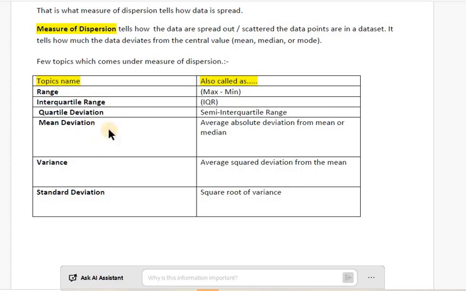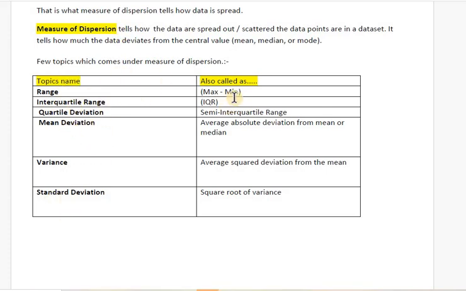Range is also called max minus min, interquartile range in short we call IQR, quartile deviation is the semi-interquartile range, the mean deviation is the average absolute deviation from mean or median, variance is the average squared deviation from the mean, and standard deviation is the square root of variance. First three topics we will see in this video, and the next three topics will be covered in the next video.